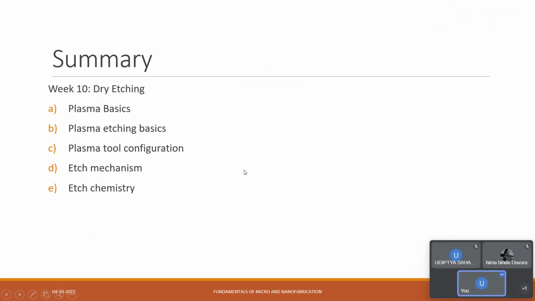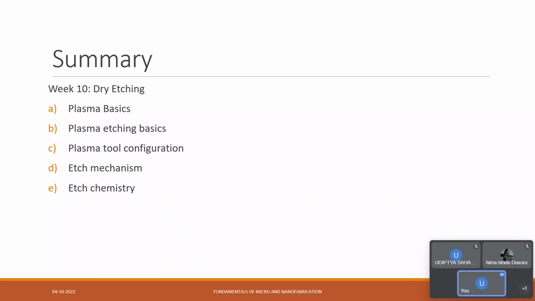This week 10 broadly dealt with the topic of dry etching, and it was divided into 5 videos. The first was purely on what plasma is, its properties, and how it is generated. The second video was on how to use this plasma for etching.